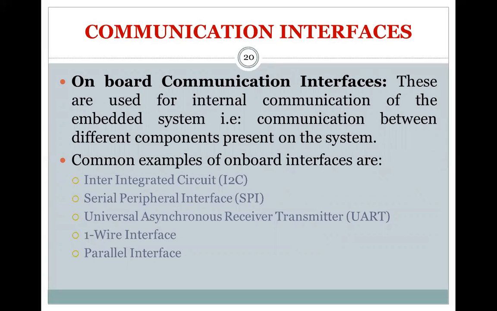Then let us see communication interfaces. These are used for internal communication of the embedded system, that is, communication between different components present on the system. Common examples are onboard interfaces: I2C, inter-integrated circuit, SPI, serial peripheral interface, UART, universal asynchronous receiver transmitter, one-wire interface, and parallel interface.